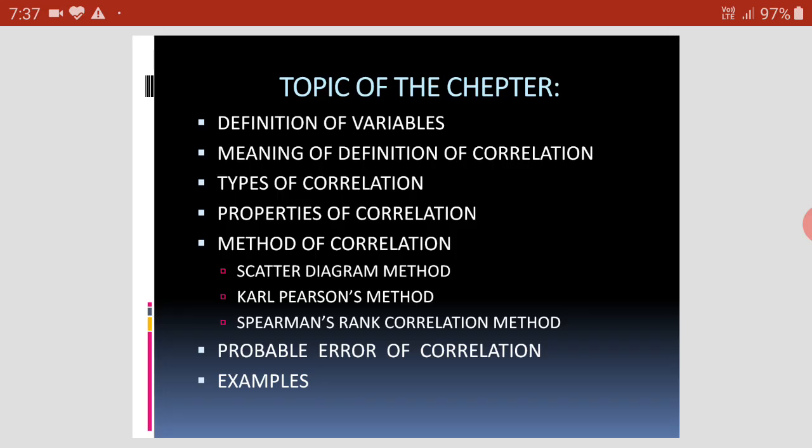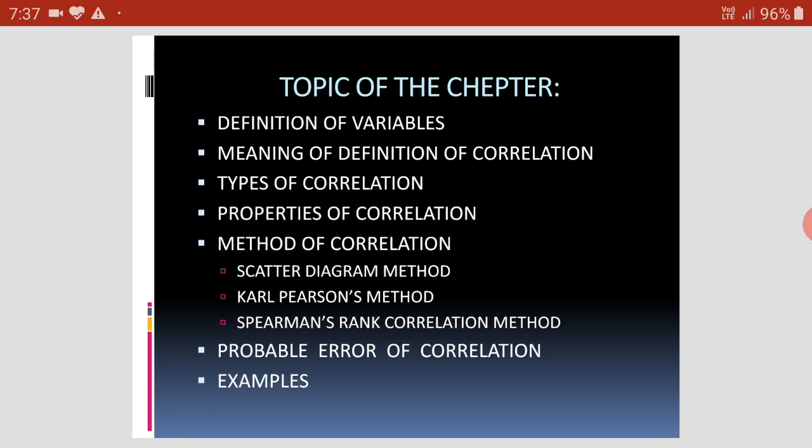It means same side changes. X and Y both increase, X and Y both decrease, it is called positive correlation. It is not necessary that X increases 5% and Y also increases 5% or 10%, it doesn't matter. When both increase, or both decrease, it is positive correlation.